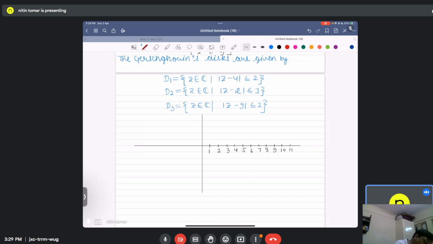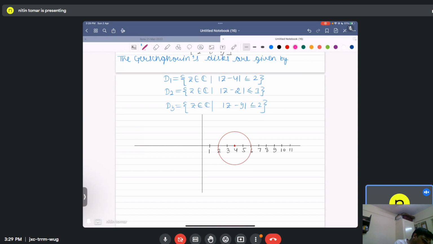So the first disk is centered at 4 with radius 2, so this disk, right? Yes, this is the center. The second disk is Z minus 2, centered at 2 with radius 1.